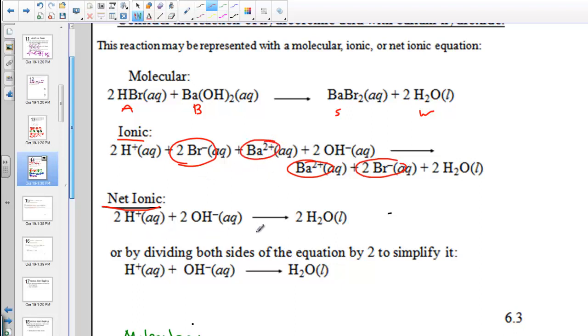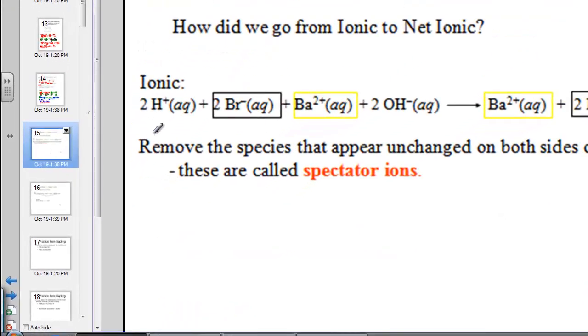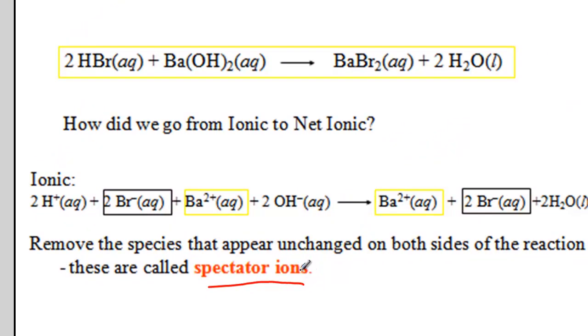We eliminated those and just showed the chemistry of the combination of acid to base making water. And when we considered the vocabulary we just shared, we seeded that next slide as well. We went from the molecular equation to the ionic to the net ionic by eliminating what we called spectator ions. And we circled those on the last screen as well.